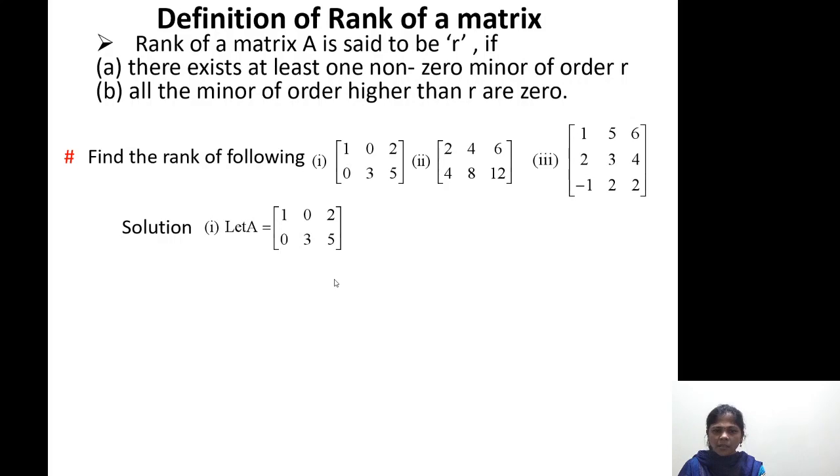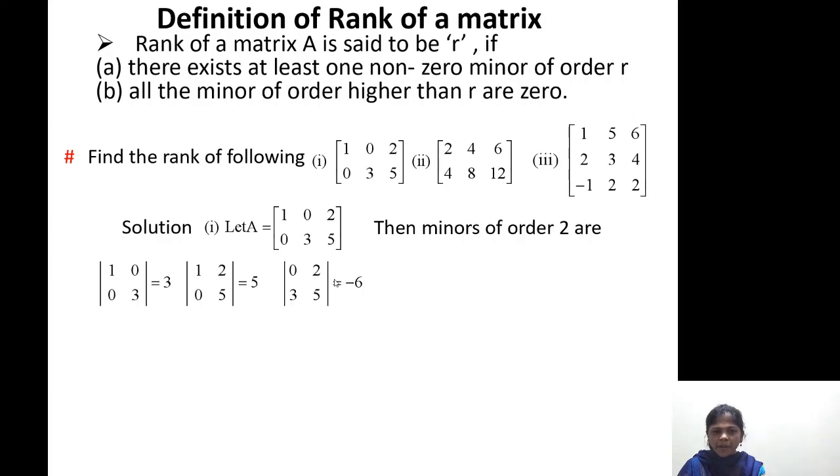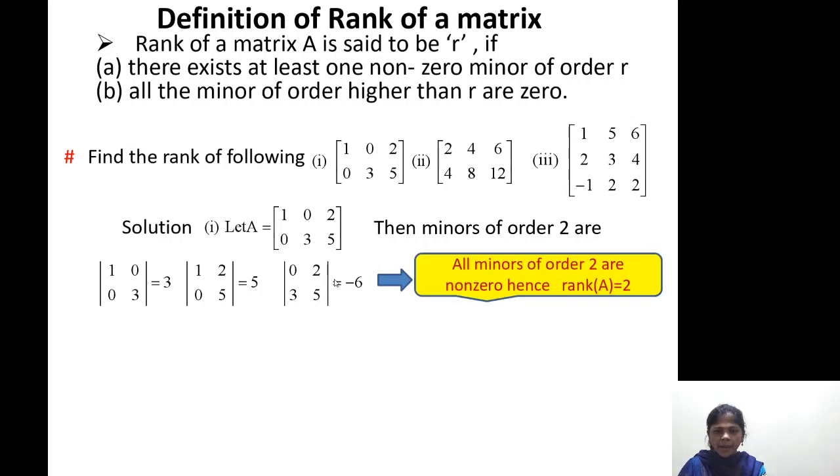Here, as it is a non-square matrix, the highest order of the minor must be 2 by 2. So let us find the minors of order 2. We find all the minors of order 2 are non-zero. Hence, according to the definition, the rank of this matrix must be 2.